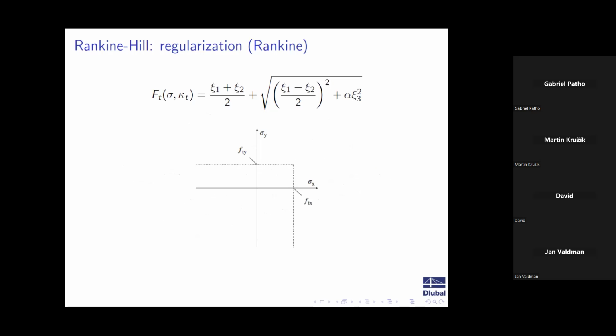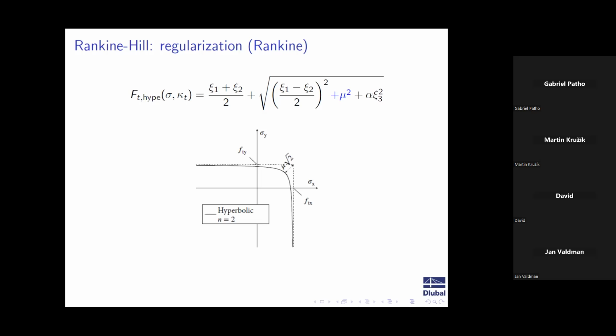Also, the Rankine yield surface itself for zero shear, so here psi 3 is 0, has an apex. However, we can regularize this surface for nice computation. We can get much better results. This is also not really new. This is published work already.